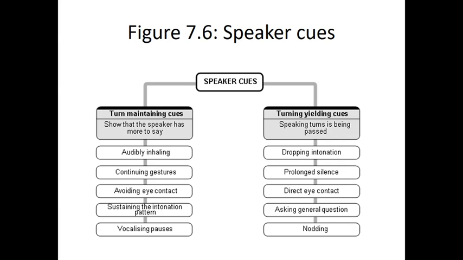Turn maintaining cues show that the speaker has more to say: audibly inhaling, continuing gestures, avoiding eye contact, sustaining the intonation pattern, vocalizing pauses. Turn yielding cues, by which the speaking turn is being passed: dropping intonation, prolonged silence, direct eye contact, asking a general question, and nodding.